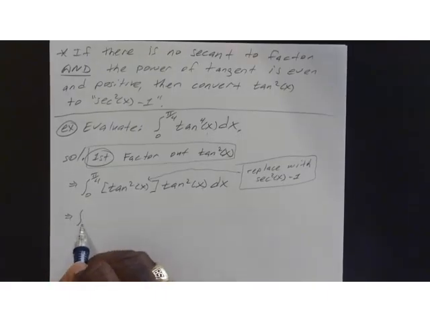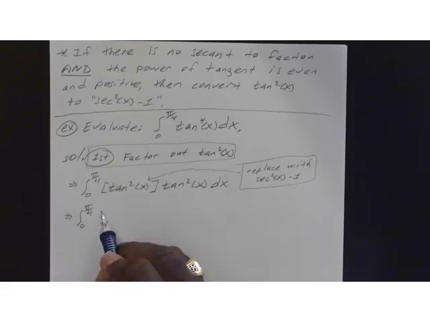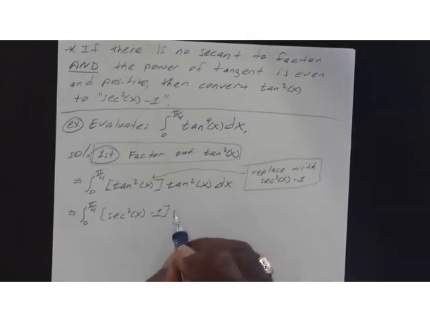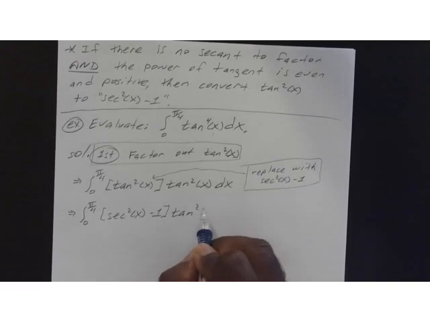So that gives us the integral from 0 to pi over 4 of secant squared of x minus 1 times tangent squared of x.